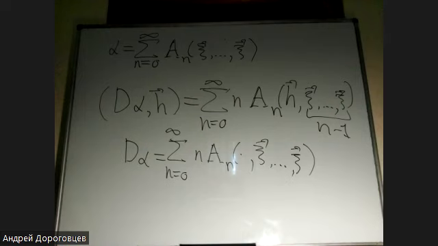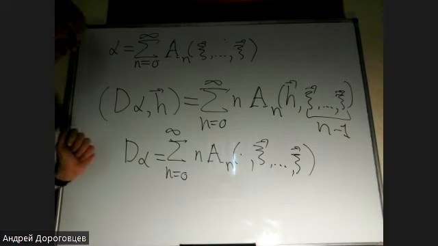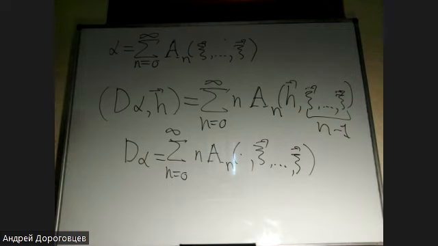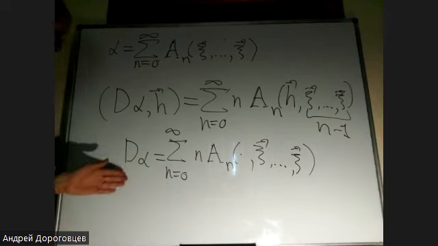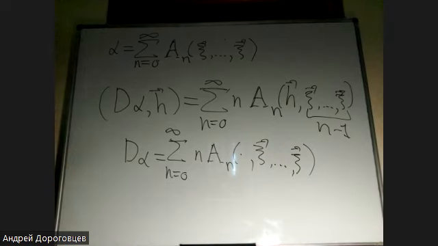So we defined the stochastic derivative for the random variable alpha, and now it's time to say that the most important properties of the stochastic derivative are exactly the same as in the one-dimensional case. So we have the statement that D is a closed linear operator.